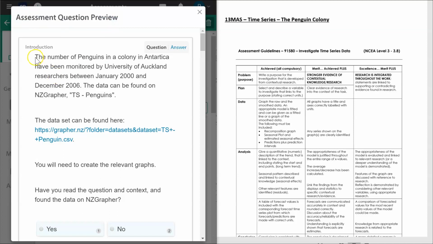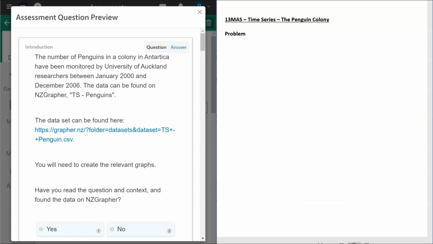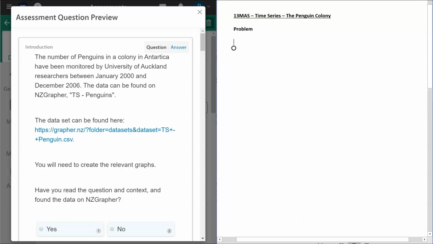In terms of context, the number of penguins in Antarctica have been monitored by the University of Auckland researchers between 2000 and 2006. This data can be found on time series. Okay, so we've got our context.